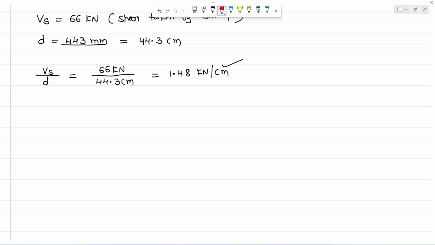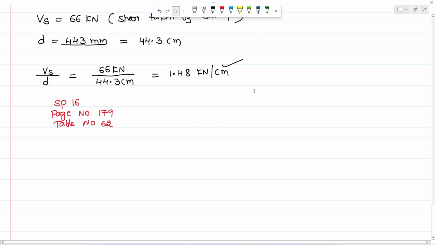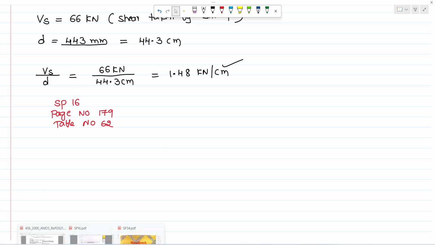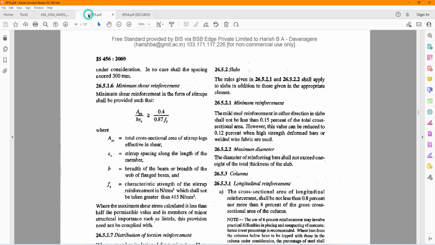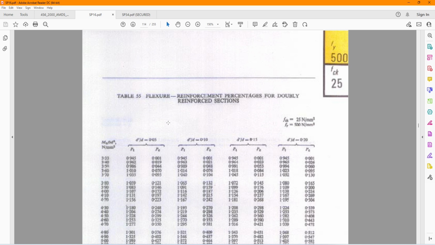So now you refer SP16, page number 179, table number 62. So let me open SP16. What is the page number? Page number 179.